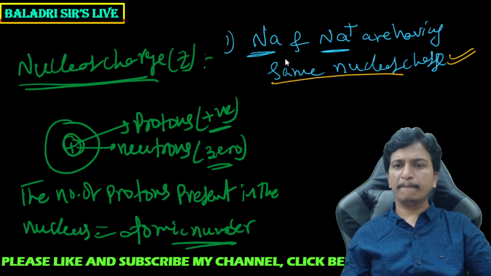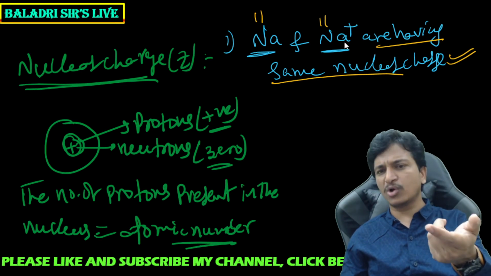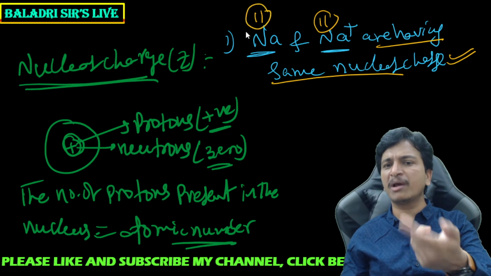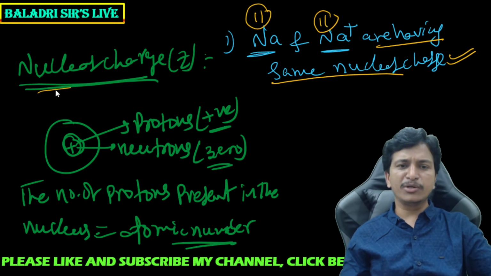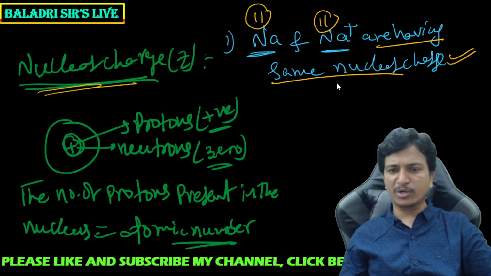Is it clear to you all? Sodium and sodium plus have the same nuclear charge because the sodium atomic number is 11 and sodium plus also has atomic number 11. Here sodium lost one electron. Because of the loss of an electron it gets a positive charge, but there is no change in the number of protons. When protons are the same, nuclear charge is the same.